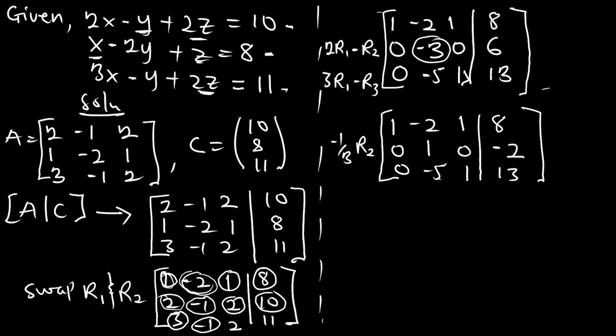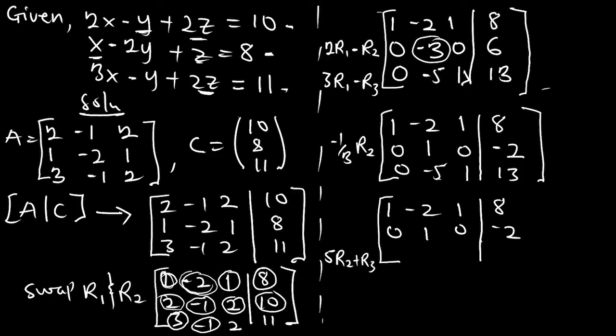So the next row, I'm going to apply this to row 3, which says 5 by row 2 plus row 3. Row 1 is going to be the same, 1, negative 2, 1, 8, 0, 1, 0, negative 2. On row 3, 5 times row 2.